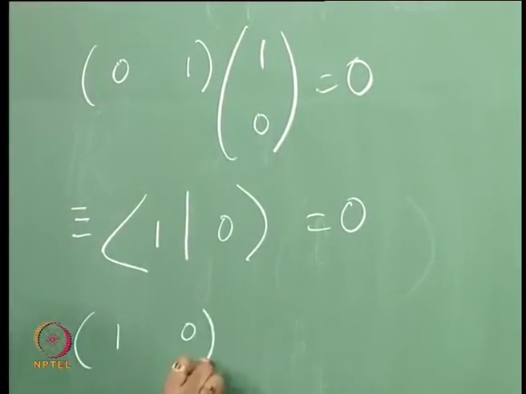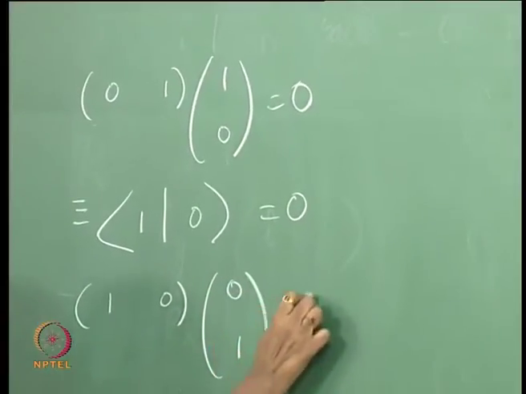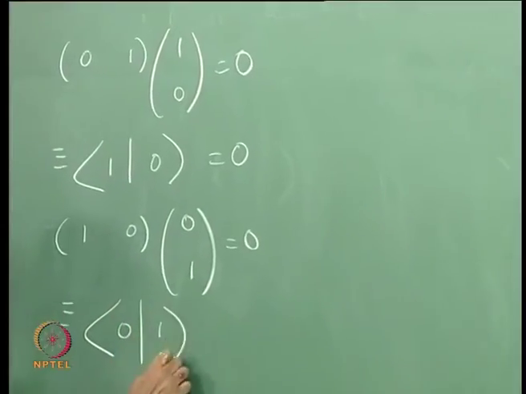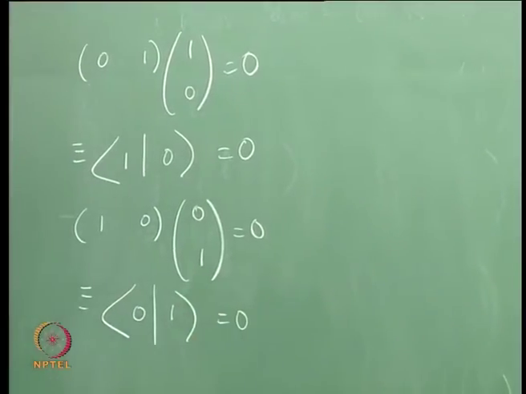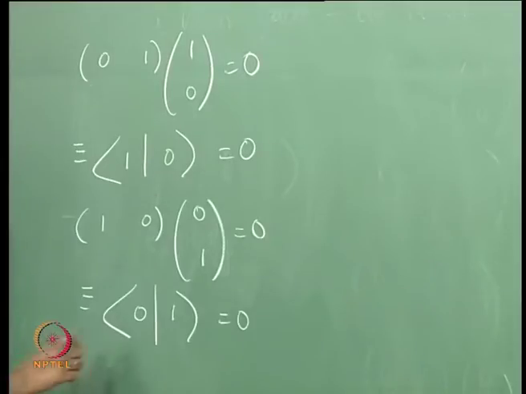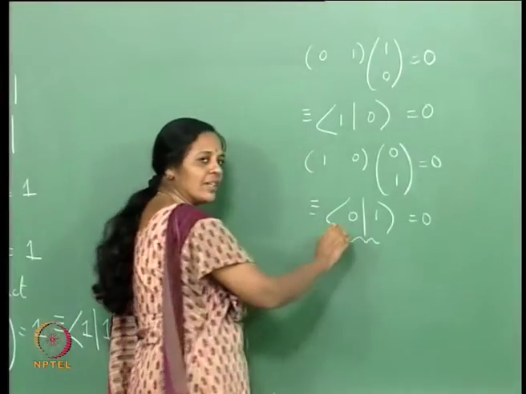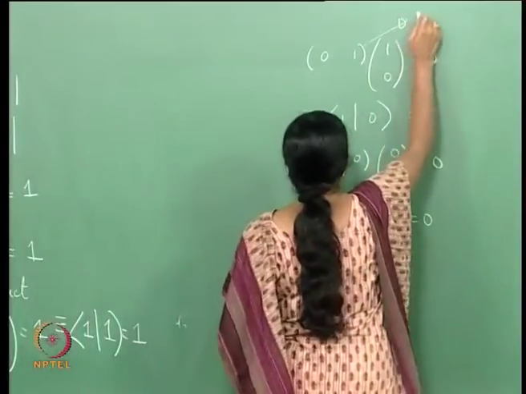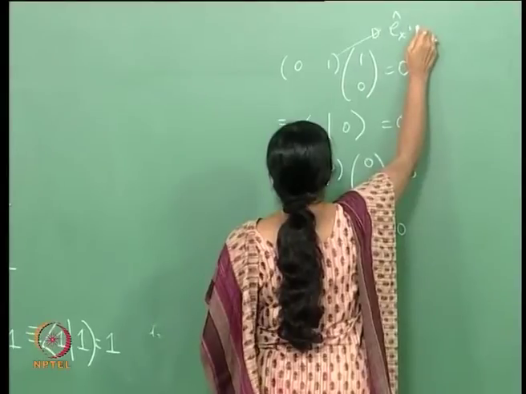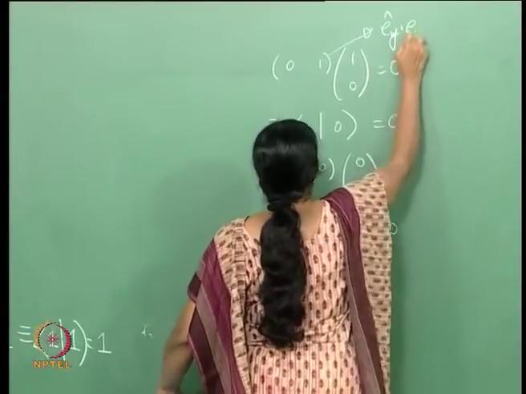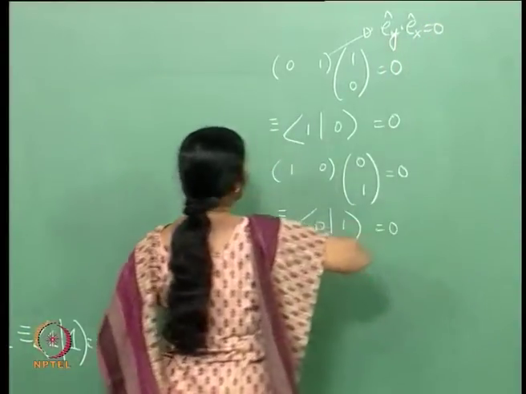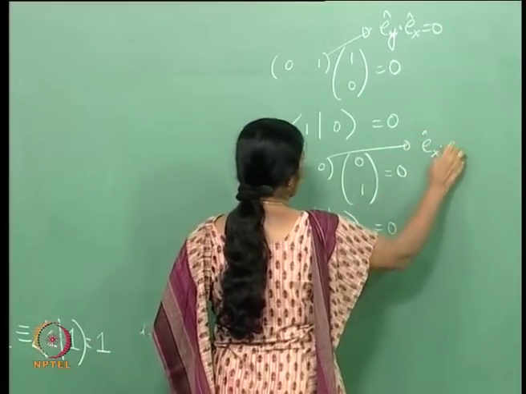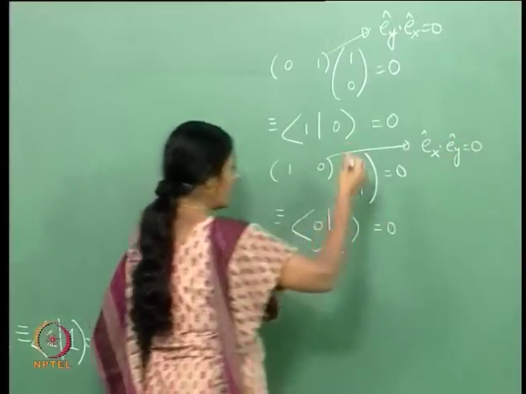Similarly, 1 0 with 0 1 is 0, which is identical to ket 0 bra 1 is 0. This inner product is clearly the generalization of the dot product, because remember that this is the same as Ey dot Ex is 0, and this is the same as Ex dot Ey is 0, and so on.